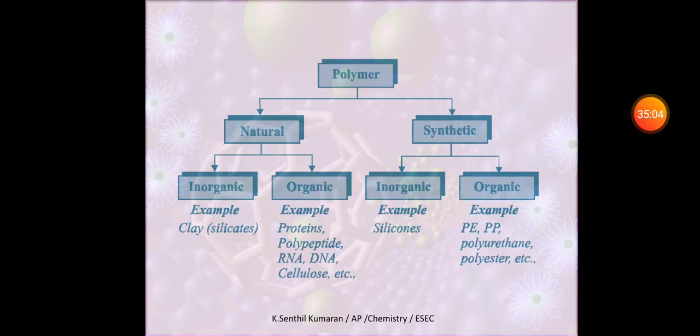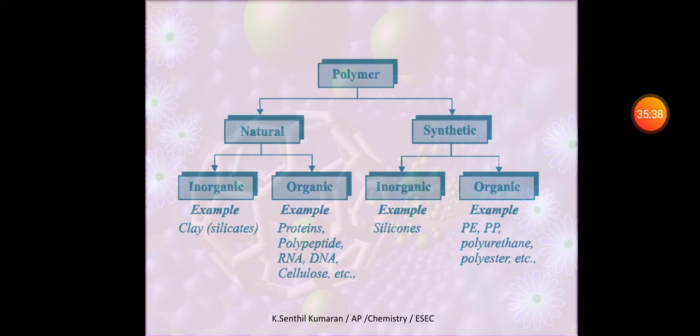Further, the natural polymers can be classified into inorganic type and organic type. An example of an inorganic natural polymer is clay, that is silicates. Examples of organic natural polymers are proteins, polypeptides, RNA, DNA, cellulose. RNA means ribonucleic acid, DNA means deoxyribonucleic acid.